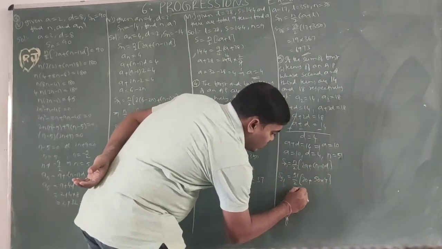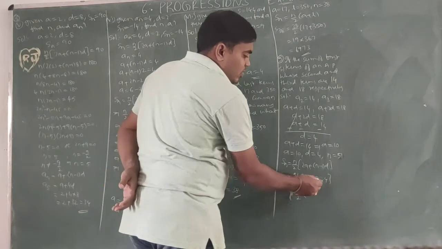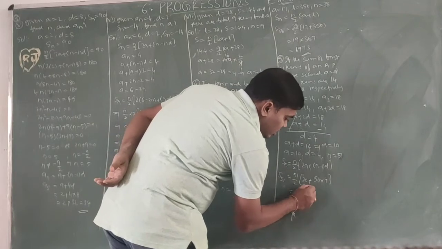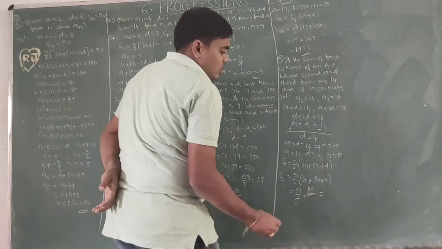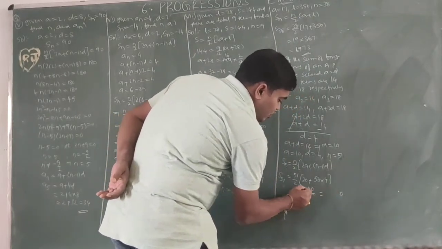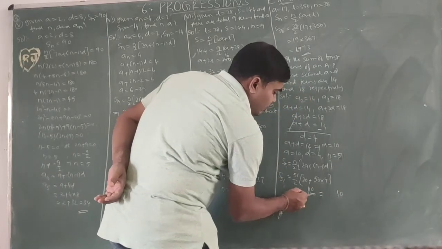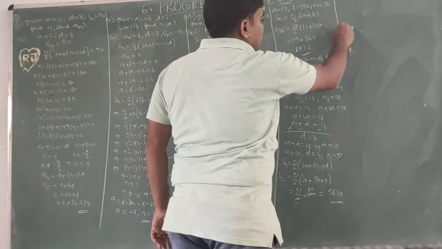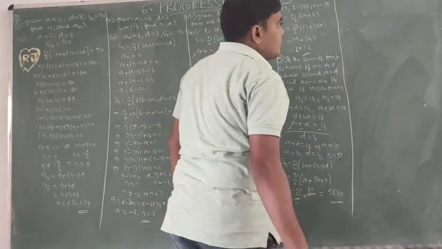So 51 by 2 into (20 plus 200), 220. 220 by 2 is 110, 51 into 110, that is 5610. So this is the solution.